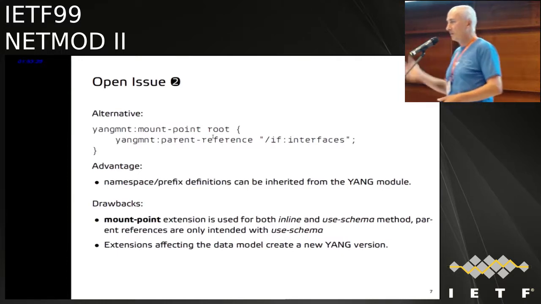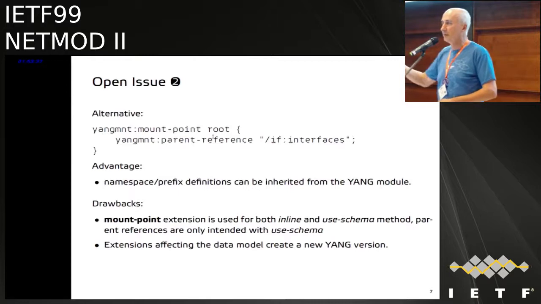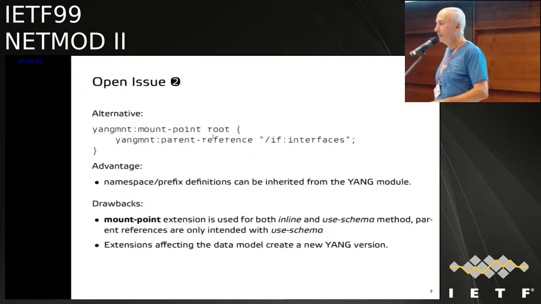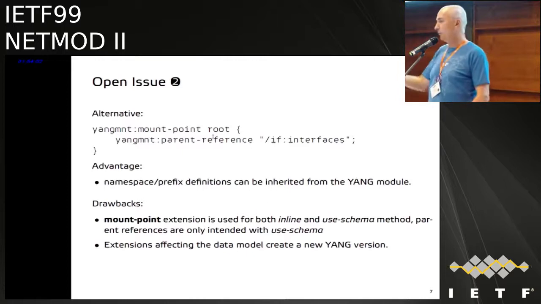The idea here is, as you saw, that currently the parent reference XPath expression is defined inside the state data that define the mounted schemas using the use schema method. In this proposal, it would be different, and we would have another Yang extension called, say, parent reference, that will define these XPath expressions inside the mount point definition that appears in Yang modules.